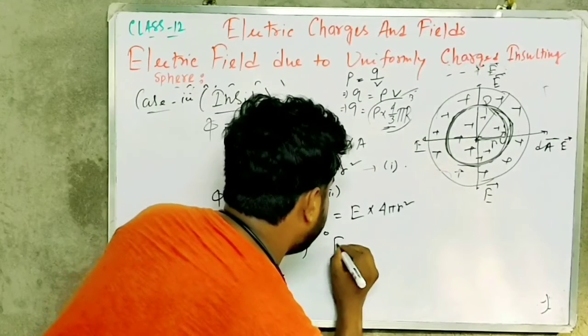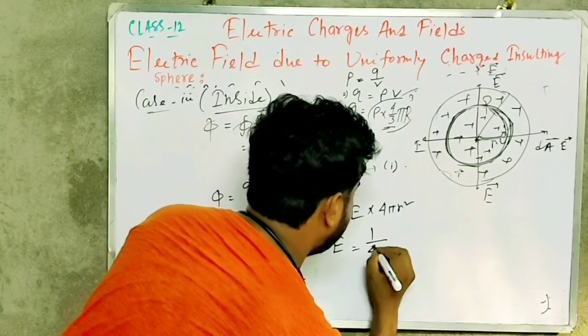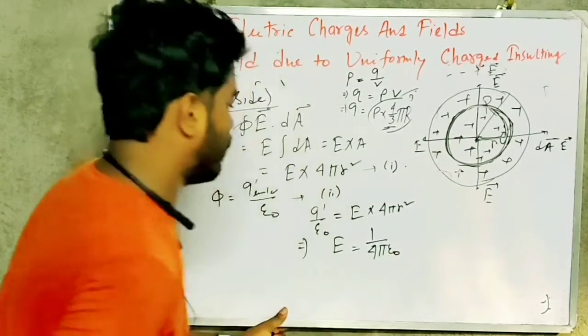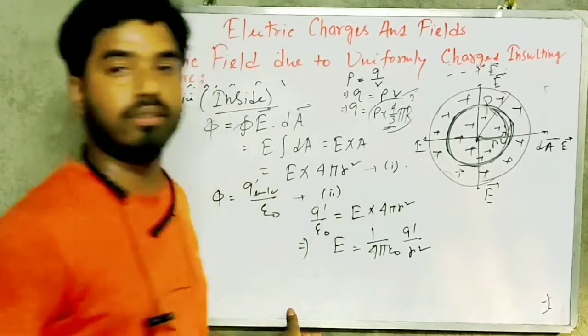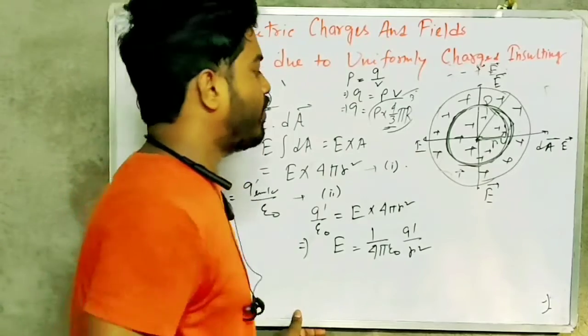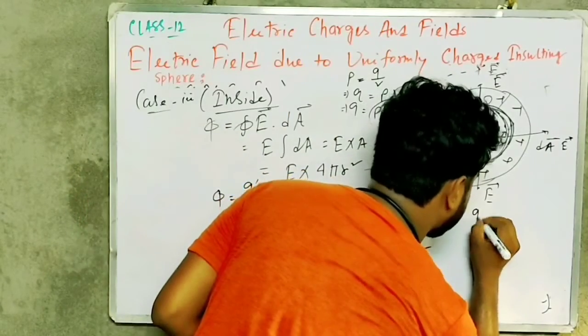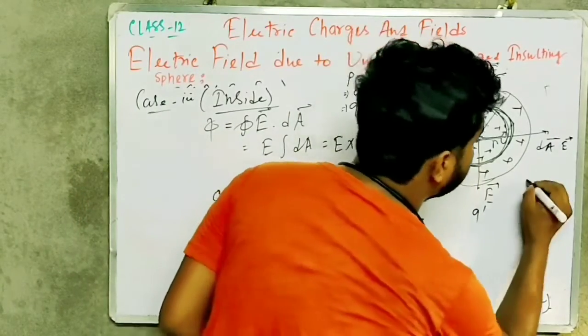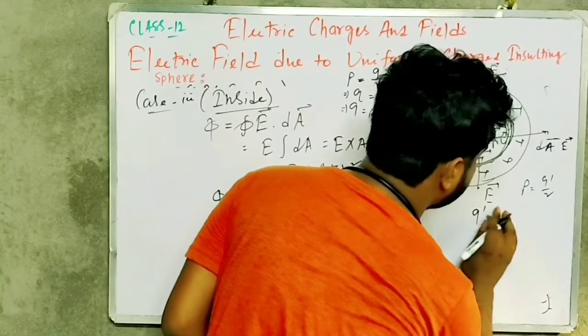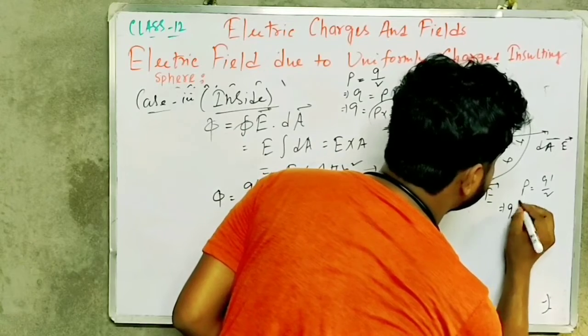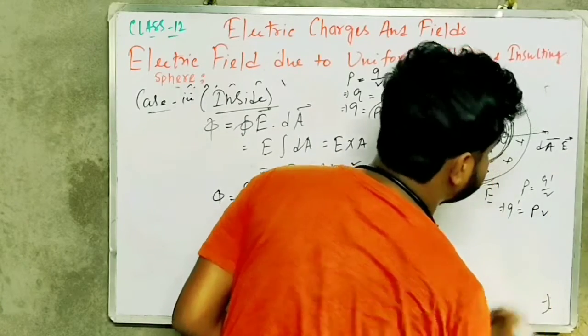Then E will be 1 by 4 pi epsilon naught Q dash by r square. Here you simplify it. What is Q dash? We know rho equals Q dash by V. So Q dash equals rho into V. Clear?